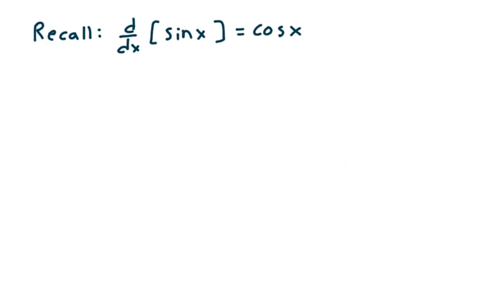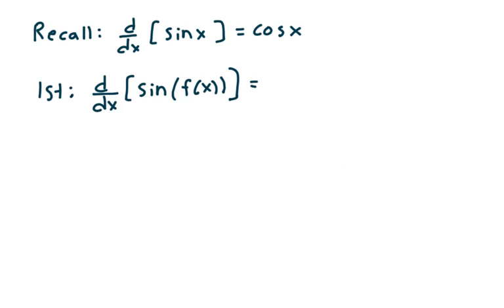Recall, the derivative of sine of x with respect to x is equal to cosine of x. Suppose f is a differentiable function, all right? And what we're going to do is look at the derivative of sine of f of x with respect to x.